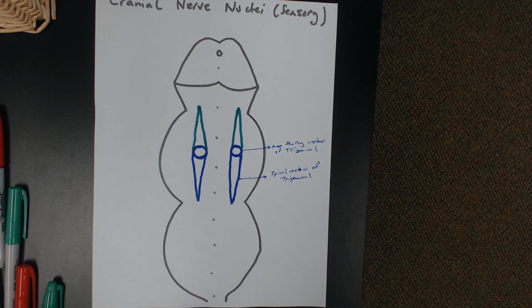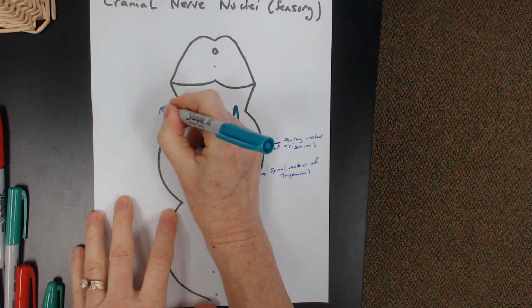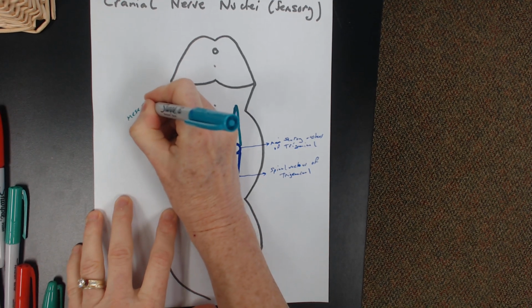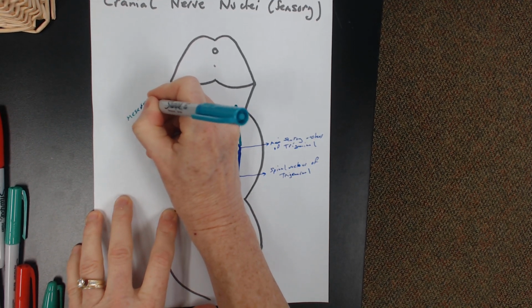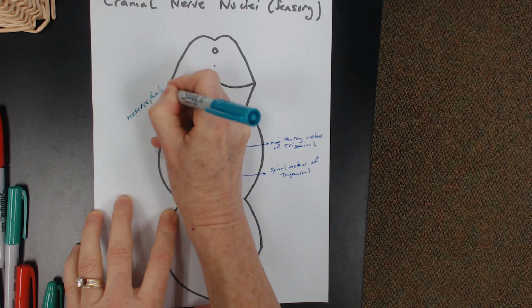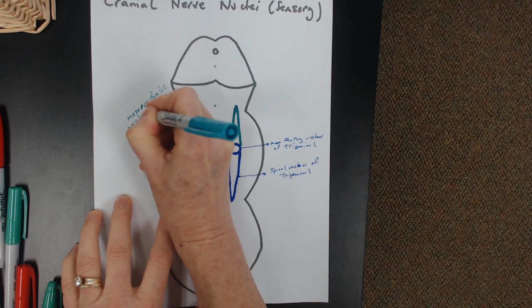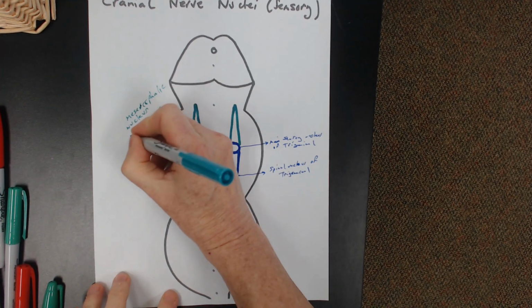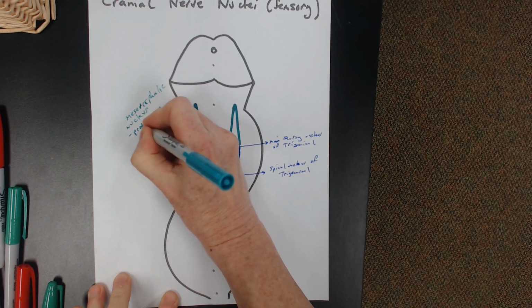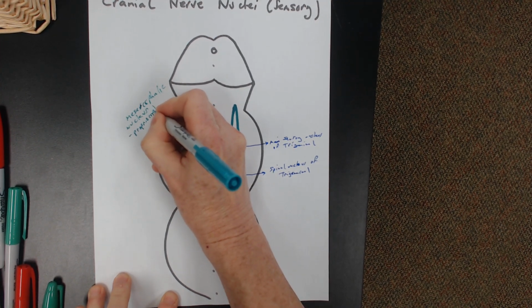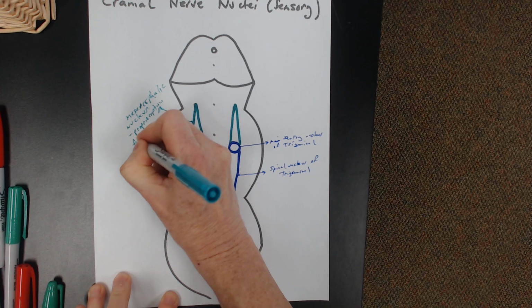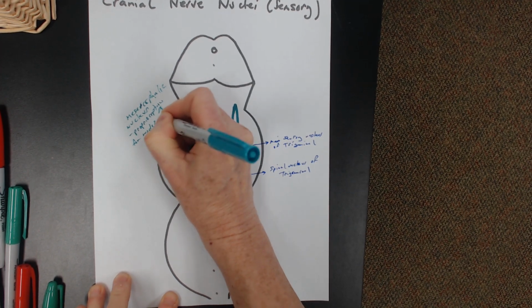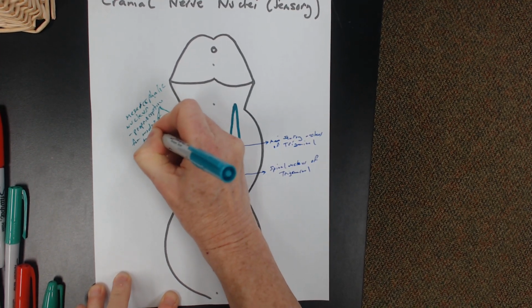This is your mesencephalic, M-E-S, mesencephalic nucleus. Okay, your mesencephalic nucleus is going to be responsible for proprioception information for muscles of mastication. So it's proprioception for muscles of mastication.